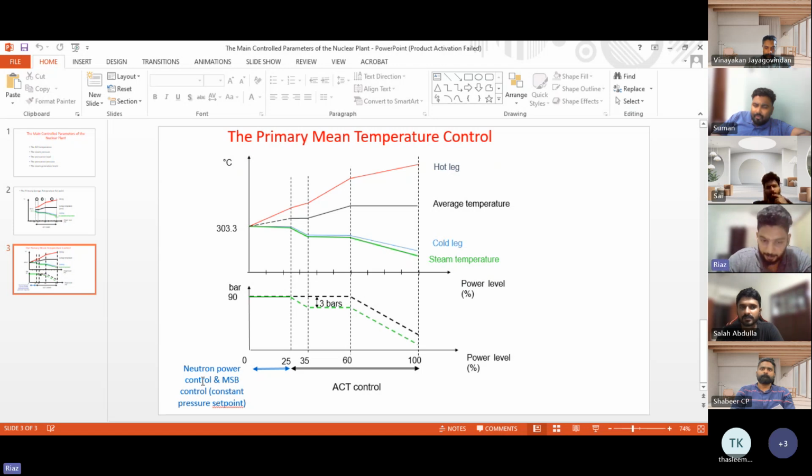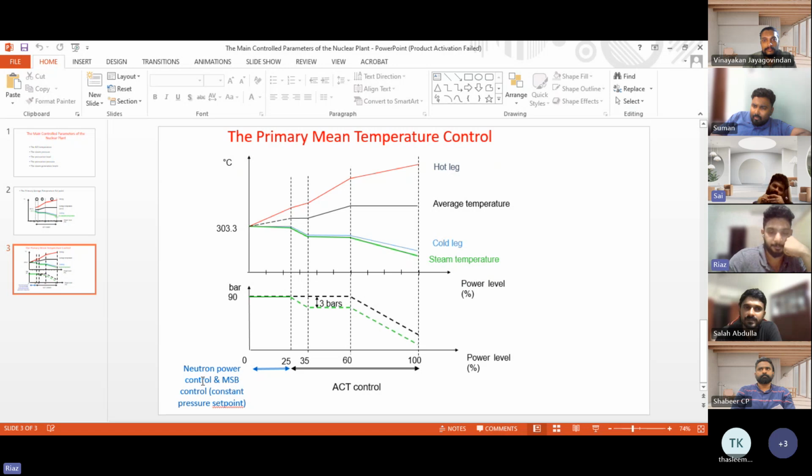You got my point? If the plant full power is below 25%, then the primary side power is greater than the secondary side power, so the primary side steam generation is higher.